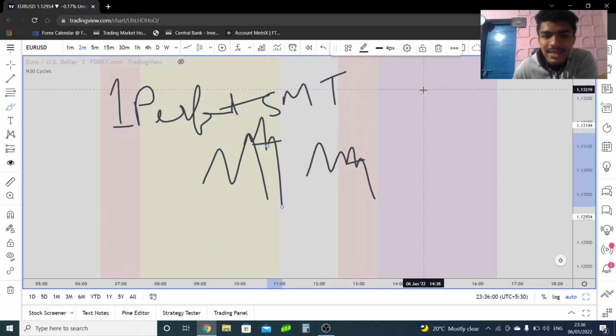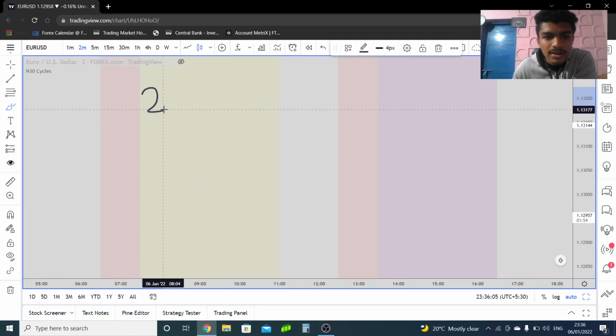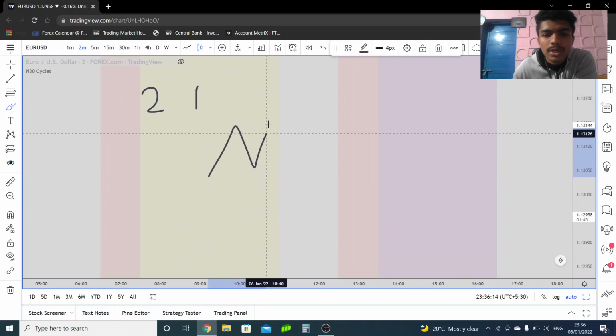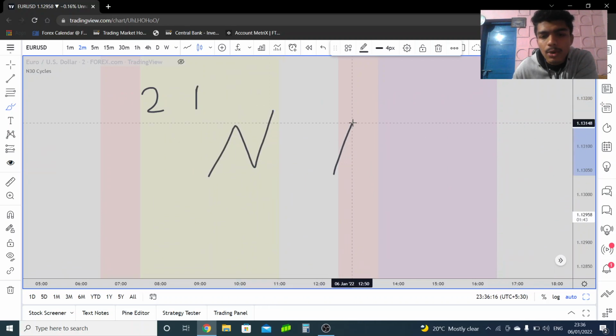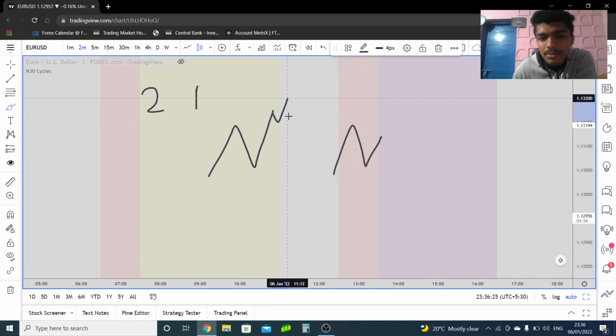What is the second case scenario? The second case scenario is imperfect. One pair is taking external range liquidity, one is taking internal range liquidity, but on the second leg it is not giving SMT. It's giving breaker entries on both pairs.